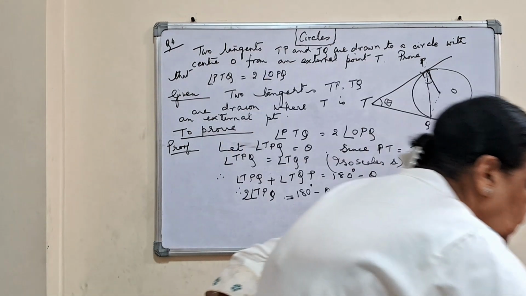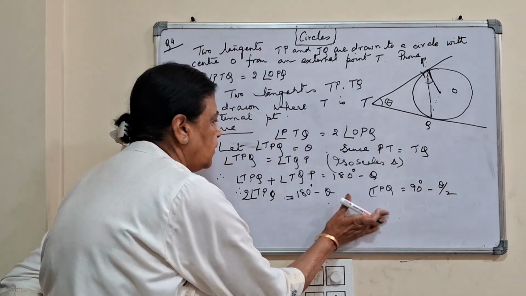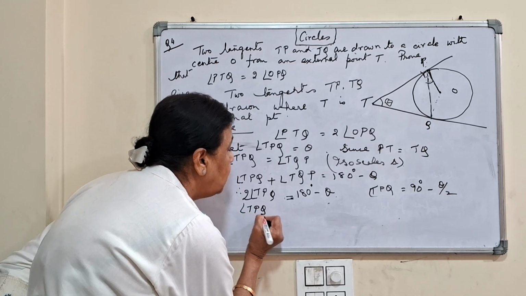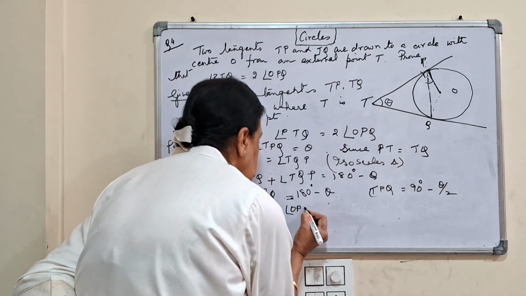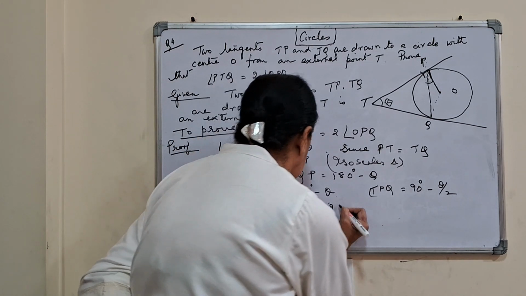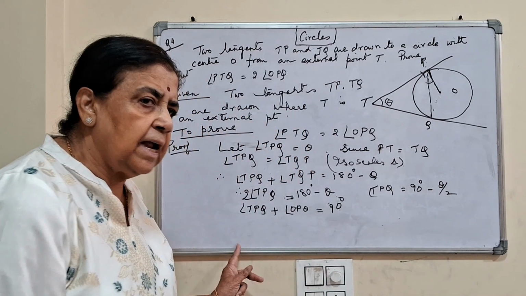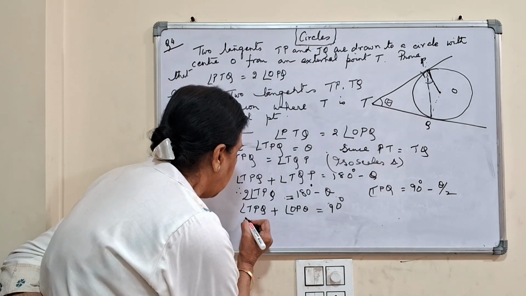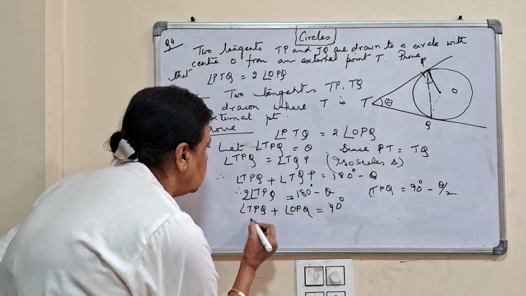Till here we have explained. Angle TPQ plus angle OPQ is equal to 90 degrees, because OPT is 90 degrees. Then I find angle OPQ.